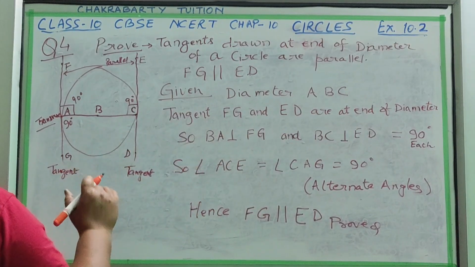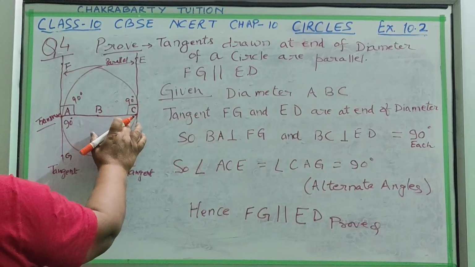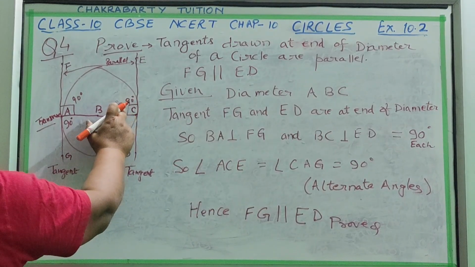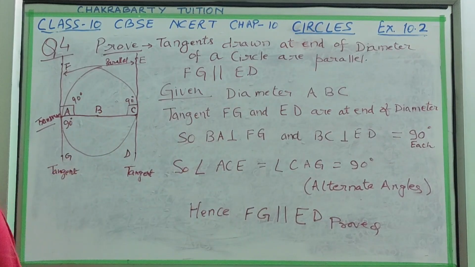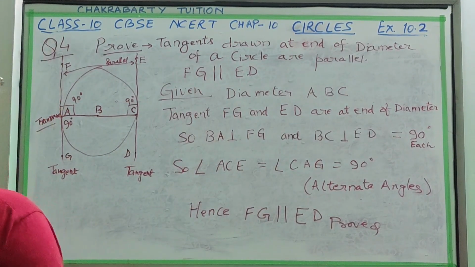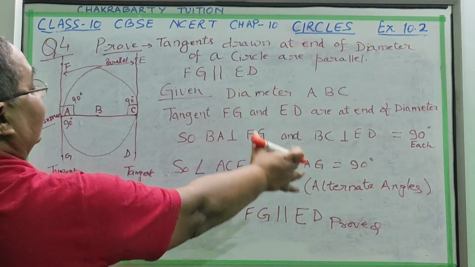So that is the theory we are using: if two lines are cut by a transverse line and the alternate angles are equal, the lines are always parallel. Based on that we start solving the question.